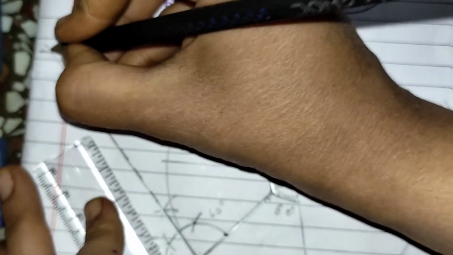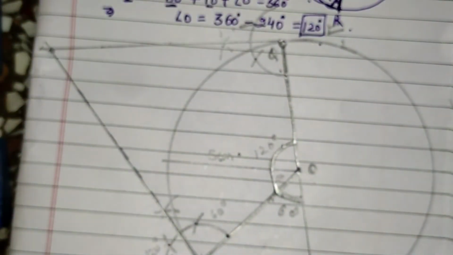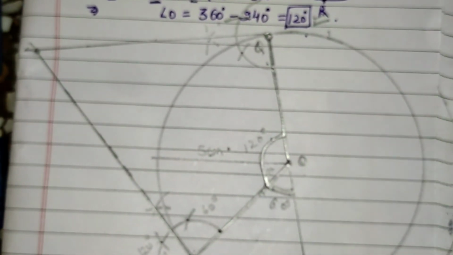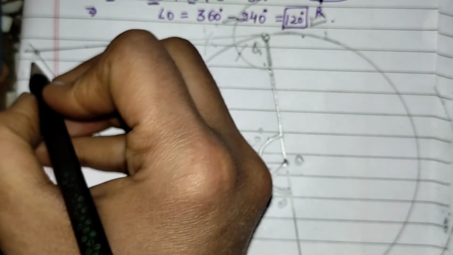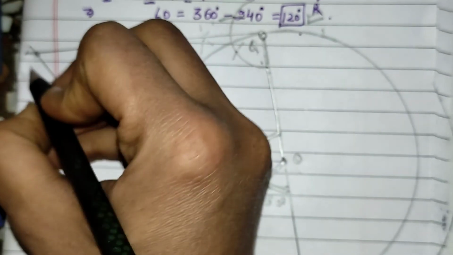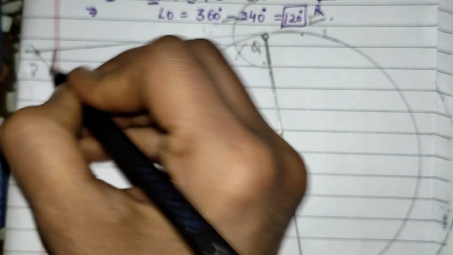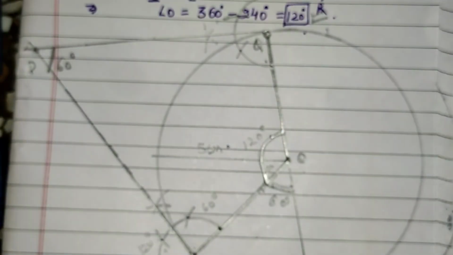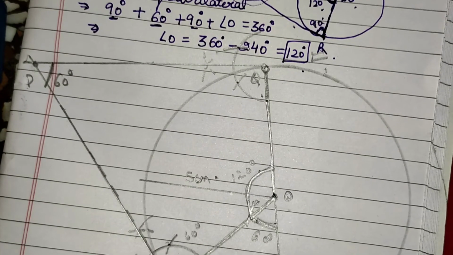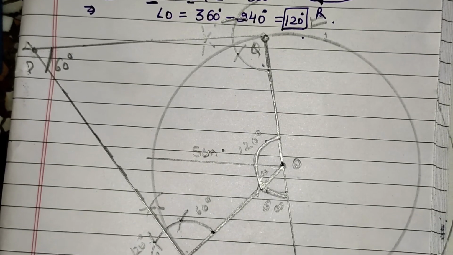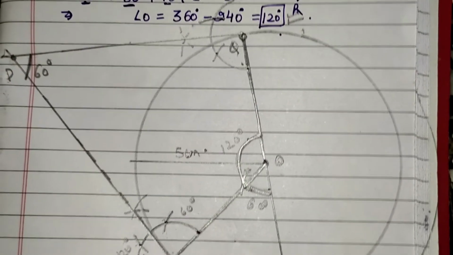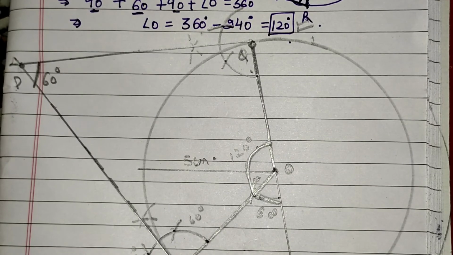So that point is going to be a point exterior to the circle. So let us suppose this point is point P, right? So automatically this angle is going to be equal to 60 degree.